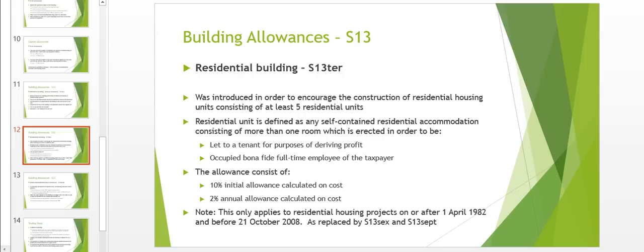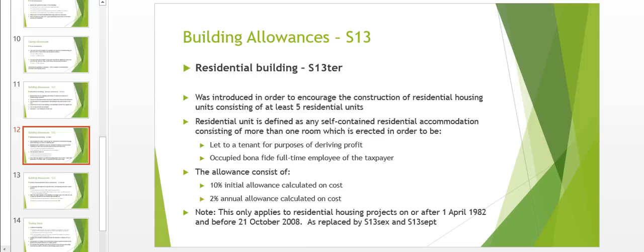So in Section 13(6), you may claim an allowance of 5% on the cost if a building was erected on or after the 21st of October 2008. And then Section 13(7) allows for a deduction of 10% of the outstanding loan amount at the year end.